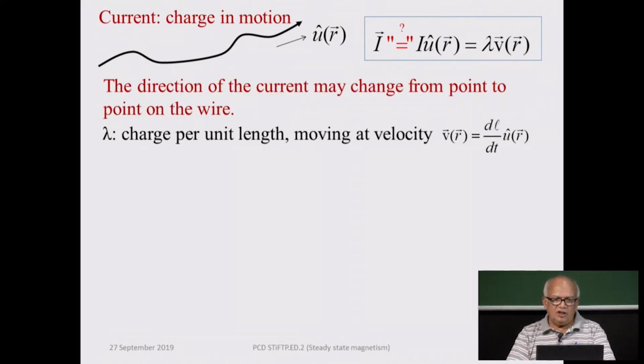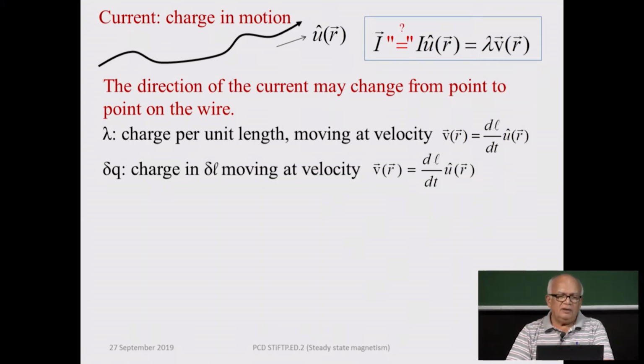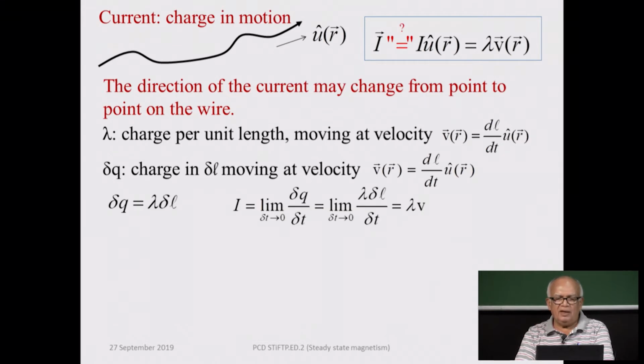So, current is essentially a charge in motion. So, if you have just a linear charge, all right, and you have got a charge per unit length which is in motion at a certain velocity, which is dl by dt, and the velocity has a direction. So, the direction is that of the moving charges, and then the charge itself is moving at a certain velocity, which is dl by dt times the unit vector, and this charge is the current.